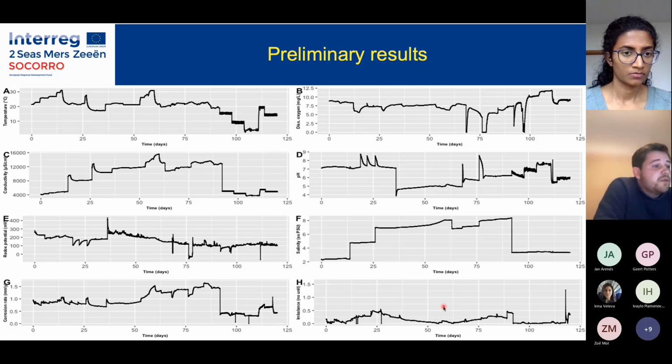The salinity is also displayed because it's nice to see it's highly related to the conductivity, but it filters out the temperature influences on the conductivity. In the left-hand bottom corner, you can see the measured corrosion rate in millimeters per year, which varied around 0.3 to 1.6 millimeters per year. On the right-hand bottom side, you can see the imbalance.